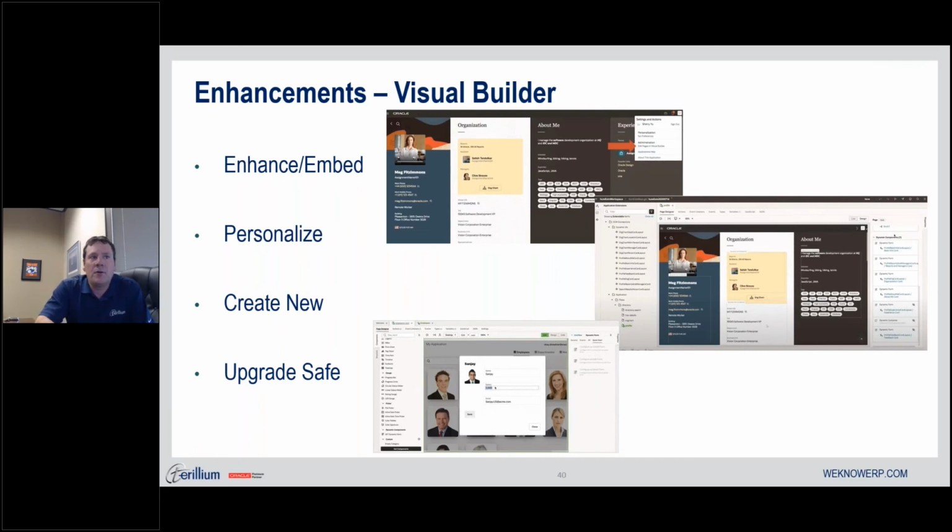You're able to do the personalizations, and there's also a standalone feature that allows you to create new applications, or you can create a component of an app and embed it in there. As you can see here, it really gives you the ability to give your applications a look and feel that might be more driven towards your company culture or your end user community requirements. So it's not just grids all the time. You can actually put pictures and make them look almost like a web page at times.